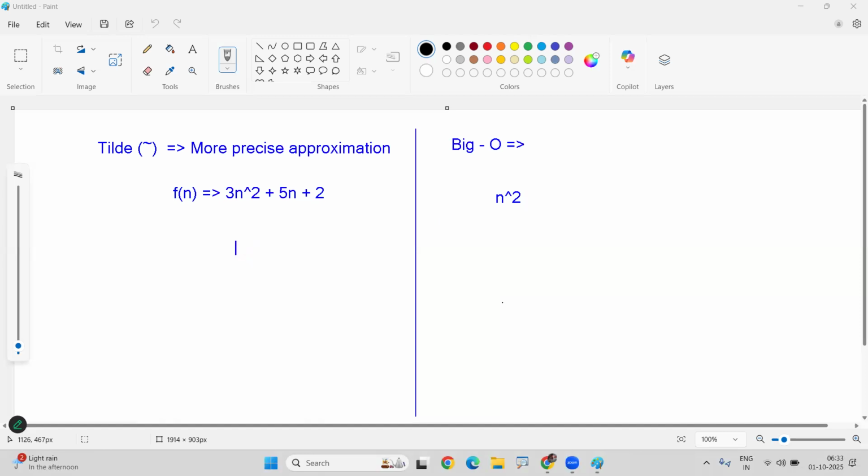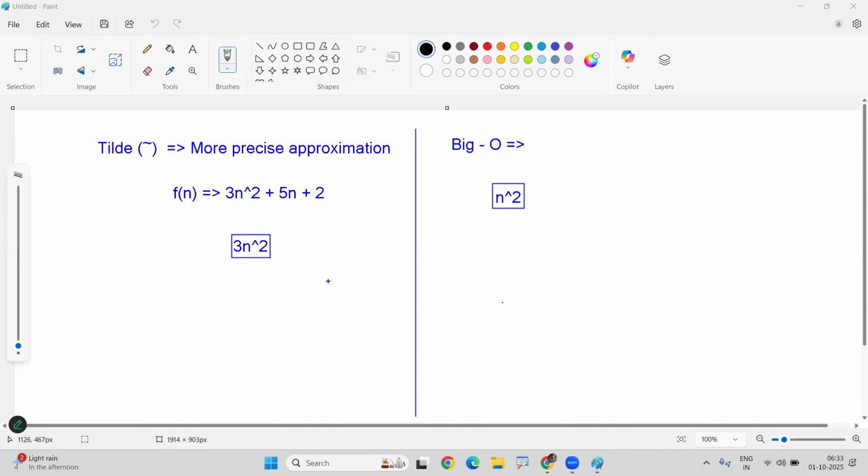But in tilde notation, we consider the 3 also, 3n square. It will take the leading term with its constant also. And of course, here also we ignore the lower order terms. But in big O notation, 3 will not be taken, only n square. And 3n square is what tilde notation takes.